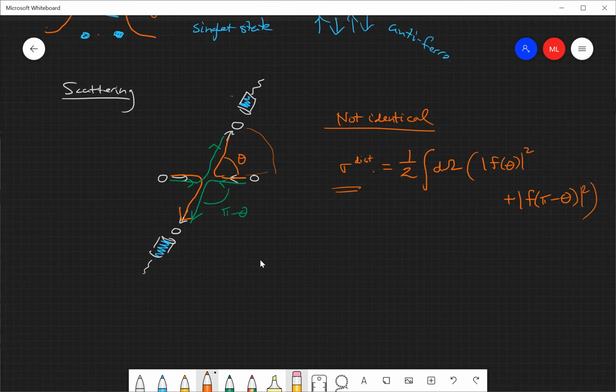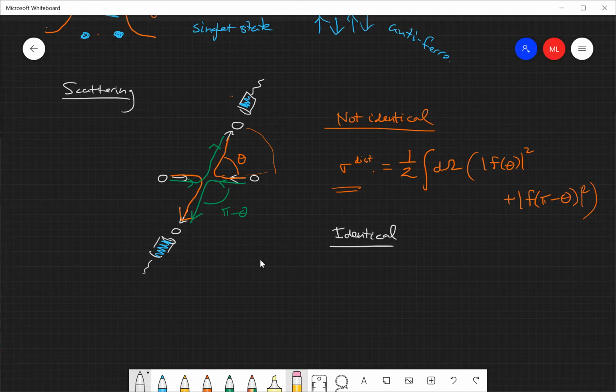But if they're identical, then there's no way, even in principle, in which we can distinguish between those two cases. And in that case, you would have interference.